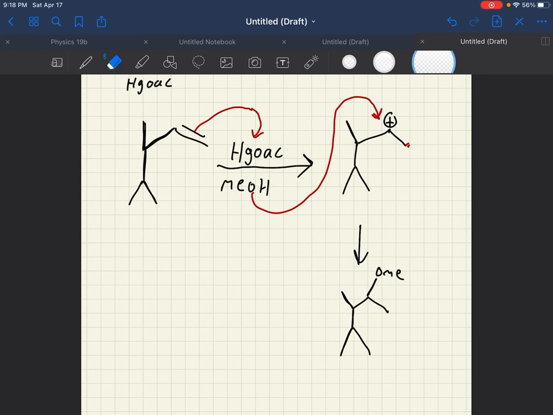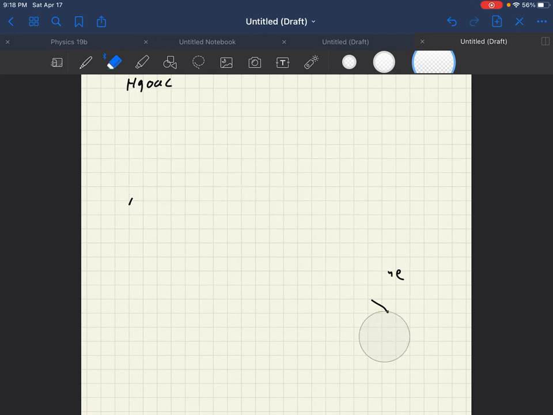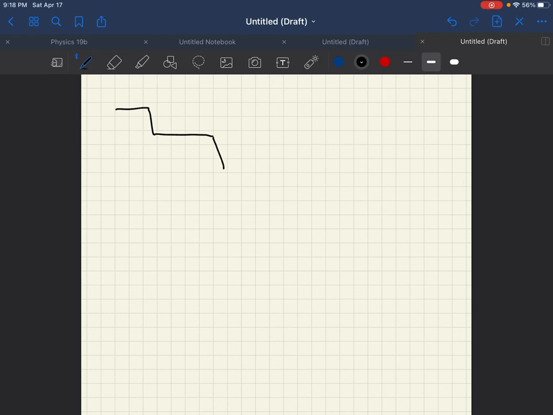chemistry. So moving on, another example of oxymercurization I'm going to show you is this example right here. So all that happens here, let me put H2O, is once again that Hg would be added here, and then the OH is going to be added here.